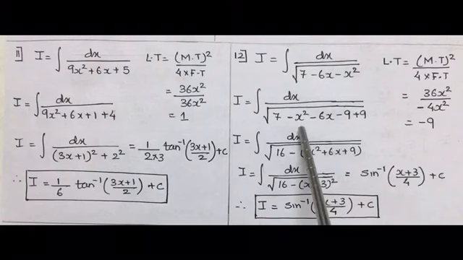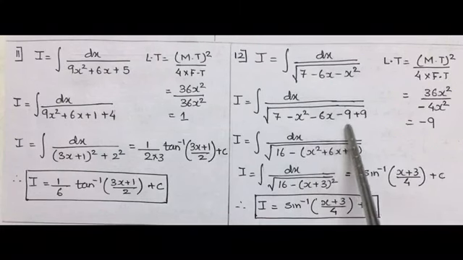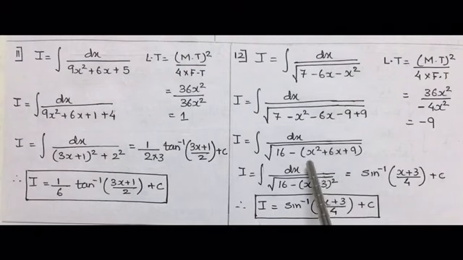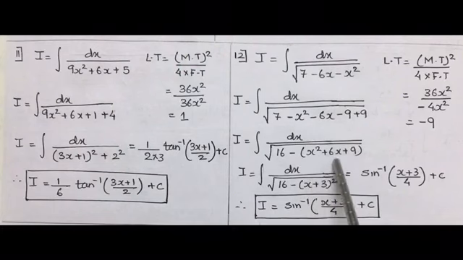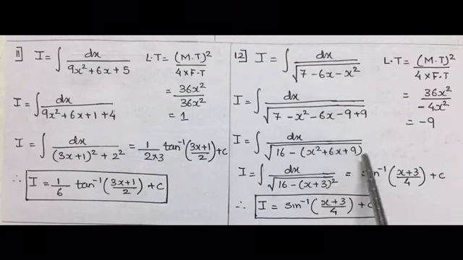And if we combine x square plus 6x and 9 together by taking the negative sign outside, keeping them in a bracket, we will get all the terms positive as x square plus 6x plus 9. So this is what we have to simplify to bring it into the standard integration in terms of squares.